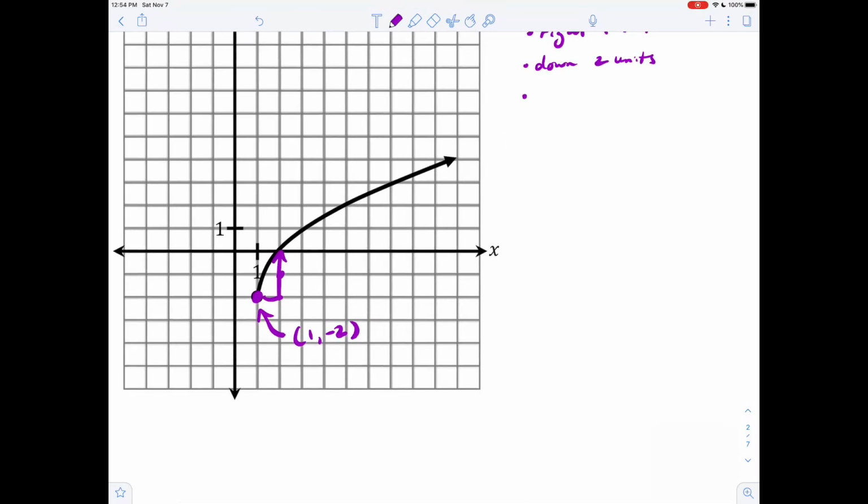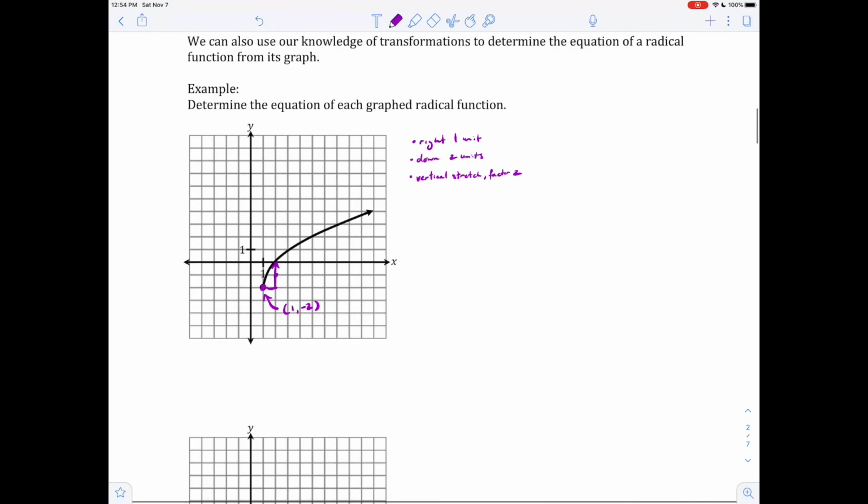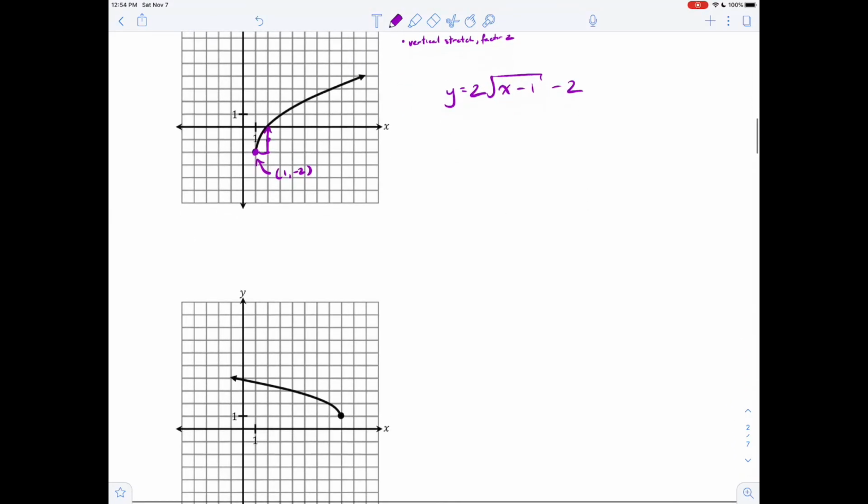Therefore, we must have a vertical stretch factor of 2. Altogether for this function then, y equals 2 times the root of x minus 1 to make us go right 1 unit, minus 2 to go down 2 units. Quick, try the other one, there's no time, I dare you.